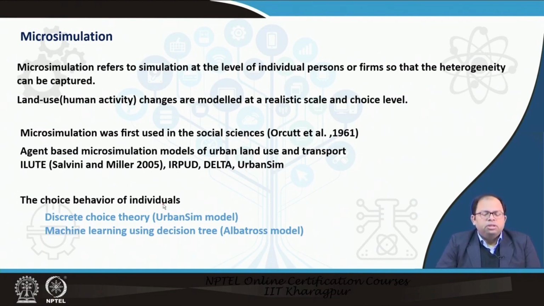Microsimulation was first used in the social sciences, and then agent-based microsimulation models of urban land use and transport were developed. Some of the famous ones are IRPUD, ILUTE, DELTA and UrbanSim. These are very famous urban land use transportation models following microsimulation. The choice behavior of individuals is guided by discrete choice theory, as in the UrbanSim model, and also by machine learning using decision trees in the Albatross model.